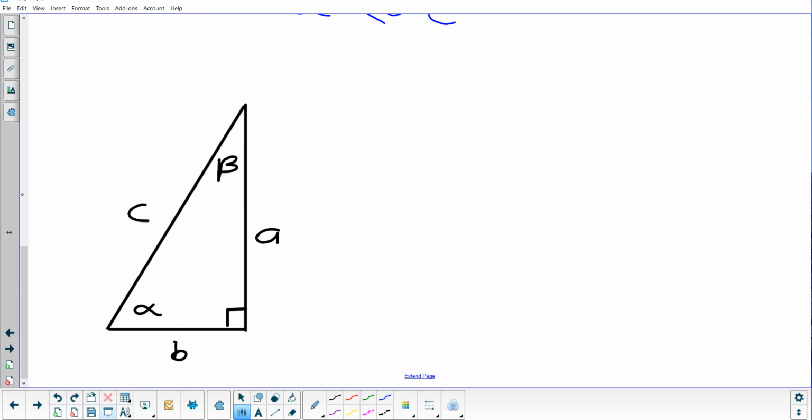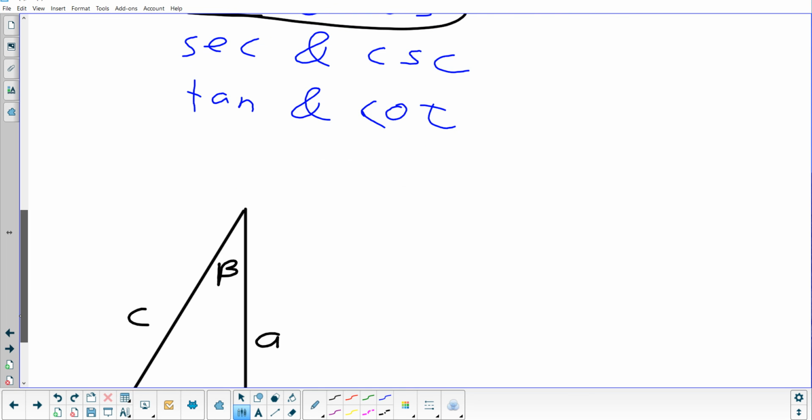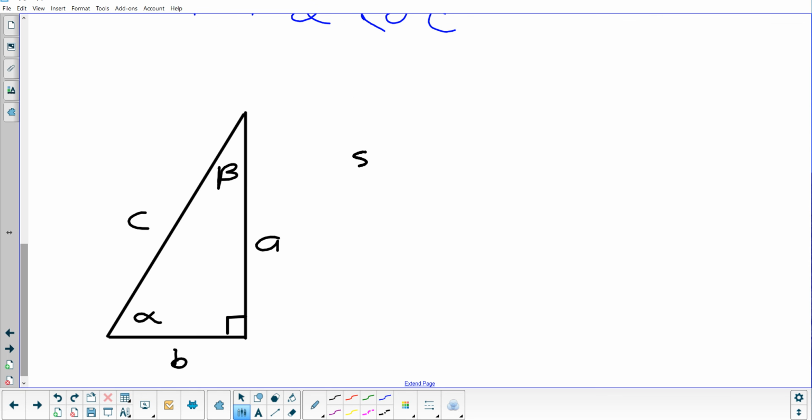All right, let's pick a pair. Let's pick these two. Let's do sine and cosine. So let's find the sine first. And let's do the angle down here, alpha. All right.